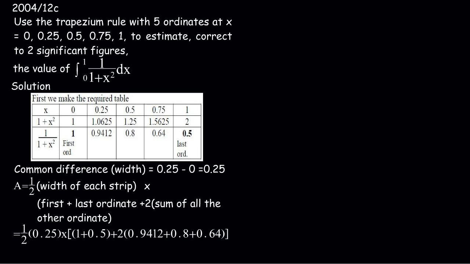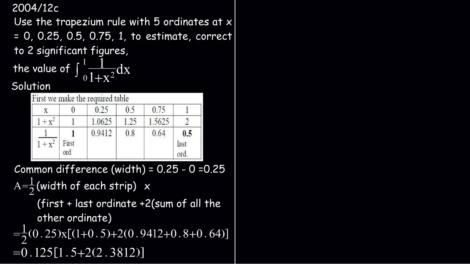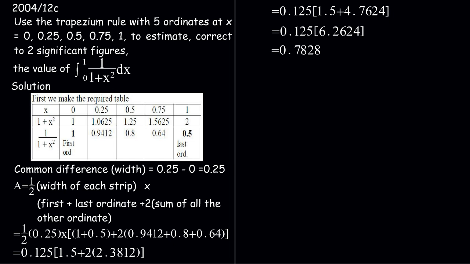Evaluating our bracket, it will be equal to 0.125 in bracket 1.5 plus 2 in bracket 2.3812, which will be equal to 0.125 in bracket 1.5 plus 4.7624. Adding, it is equal to 0.125 in bracket 6.2624, and opening our bracket, it is equal to 0.7828, approximately 0.78 to two significant figures.